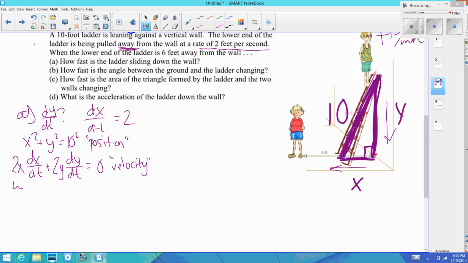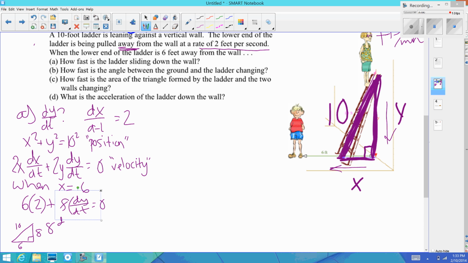So when x equals 6, we get 6 times dx/dt, which is 2, plus y times dy/dt. So that we can figure out what y is, this is 6, this is 10, so this would be 8 if you use the Pythagorean triples. 8 times dy/dt equals 0.